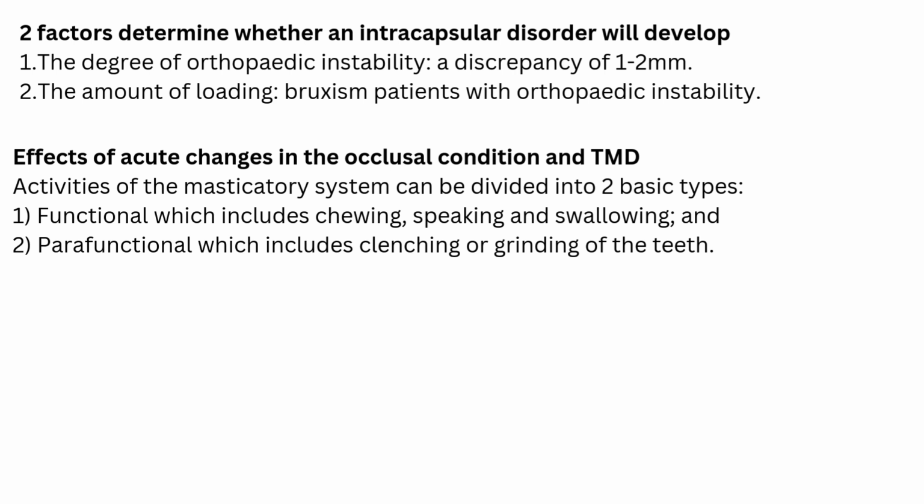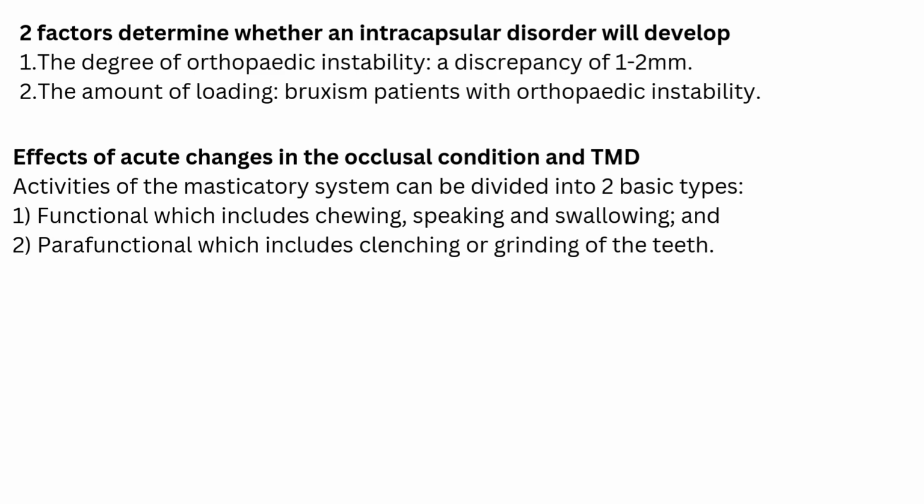Then second is the amount of loading which occurs on the muscular system as well as the occlusion. Patients having bruxism will have more occlusal loading. Other than that, the effects of acute changes in occlusal conditions on TMD are also determined.